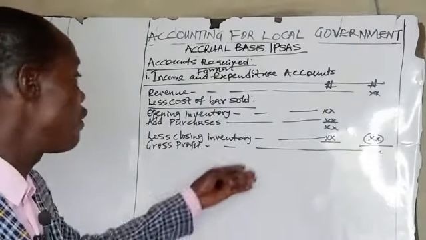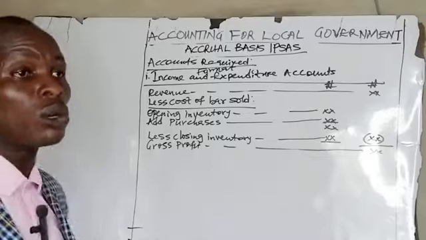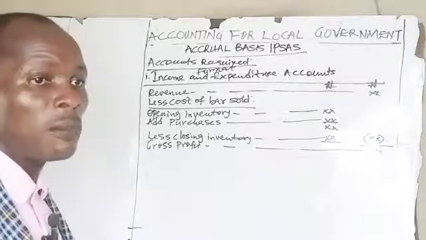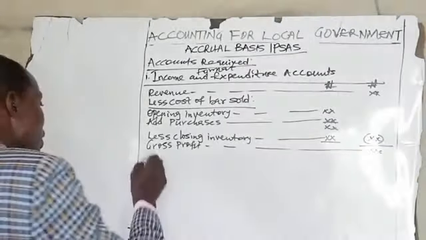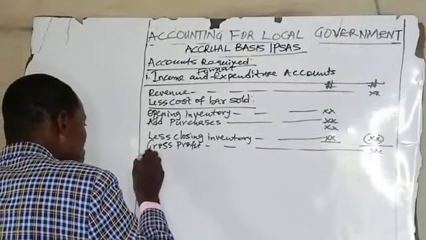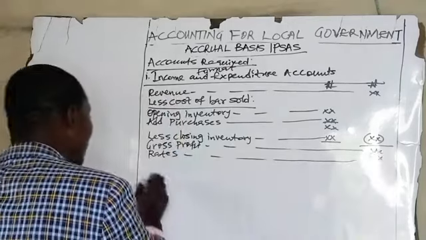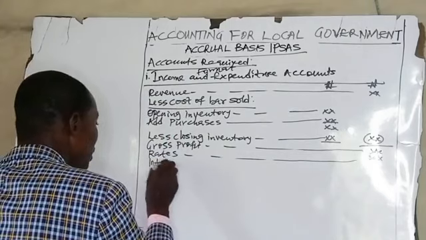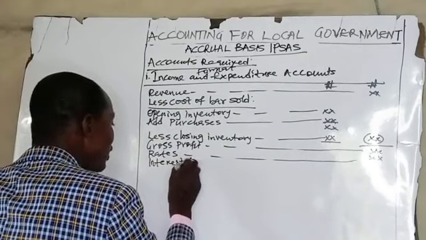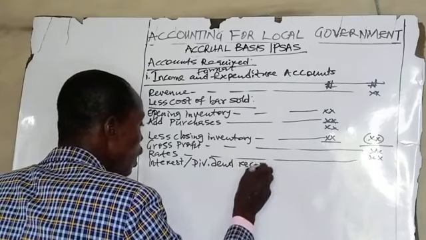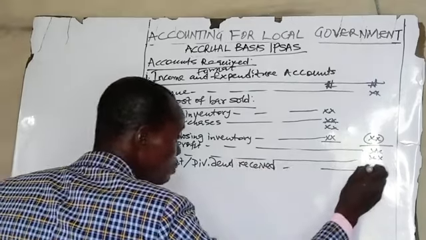In case you have any other income of the local government, you add it. You may have rates, then interest or dividend received or investment income.